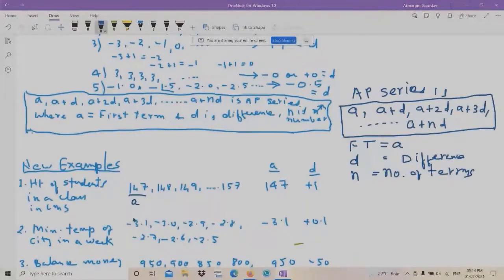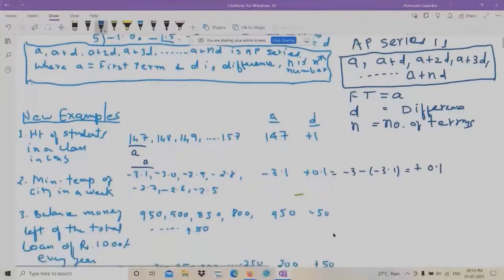So this is the first term A, and it is minus 3.1, and the difference is minus 3 minus of minus 3.1. So this works out to be plus 0.1.